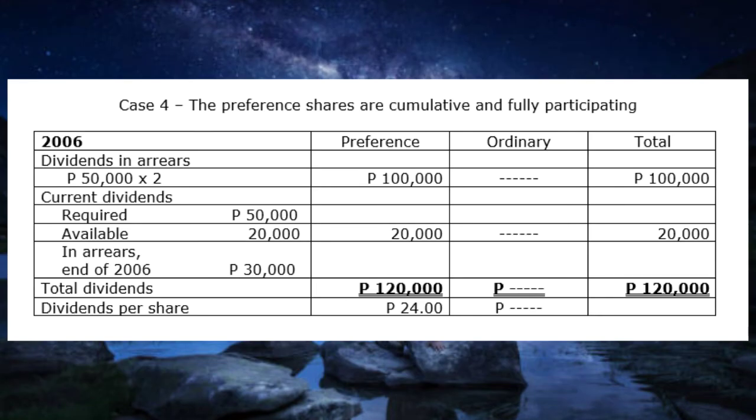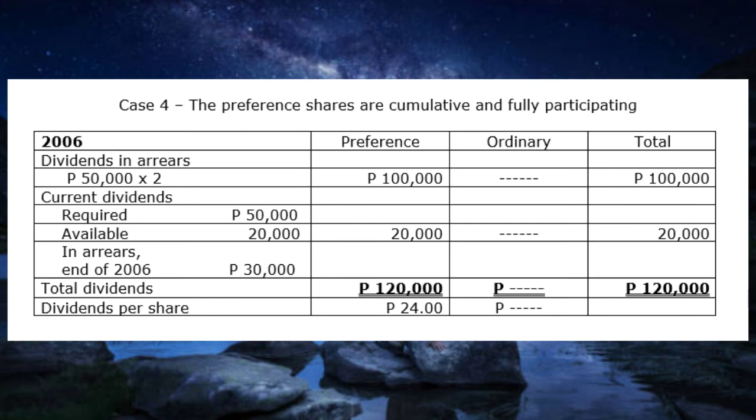Case number 4. The preference shares are cumulative and fully participating. 2006, dividends in arrears: 50,000 pesos times 2 preference is equal to 100,000 pesos. Total of 100,000 pesos. Current dividends required: 50,000 pesos.